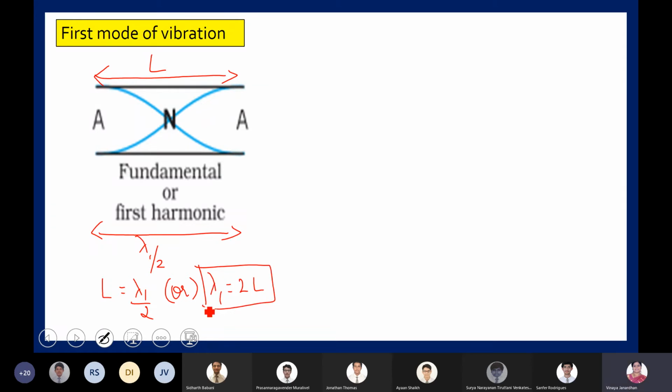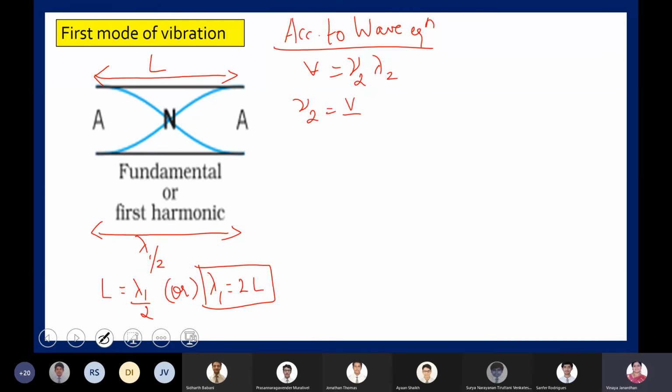Now next, according to the wave equation, what is the wave speed of the sound wave? V is equal to nu 1 lambda 1. So what is nu 1? Nu 1 will be V by lambda 1.